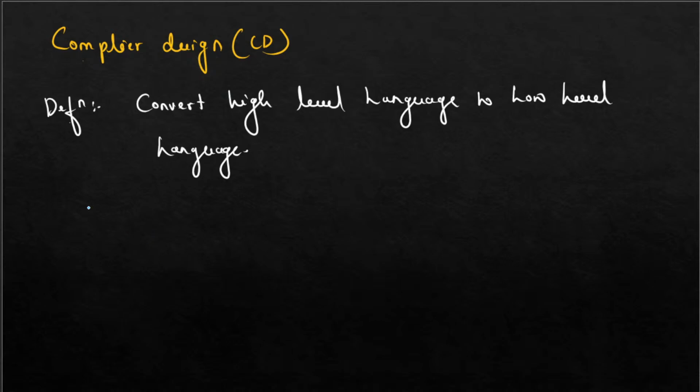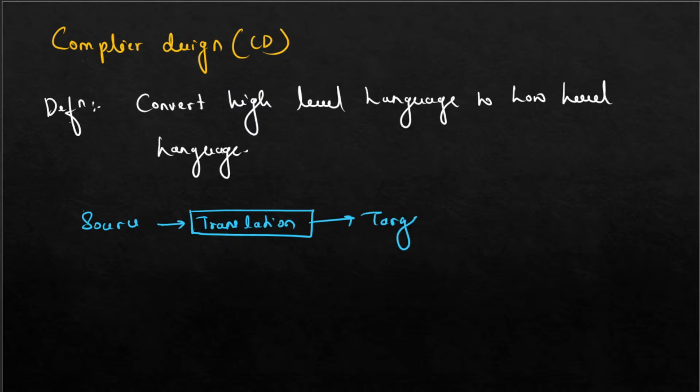This is the source, this is translation, and this is the target. Any programming language here, and any programming language here. High level language can perform more than one operation in a single statement, and low level language can perform at most one operation in a single statement.